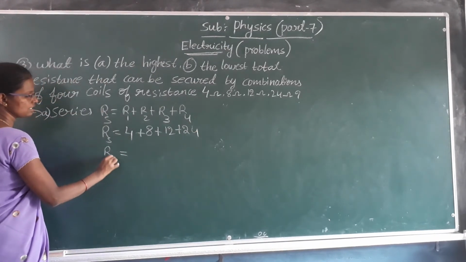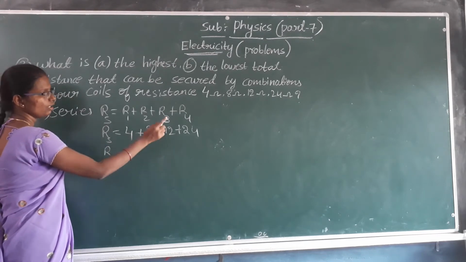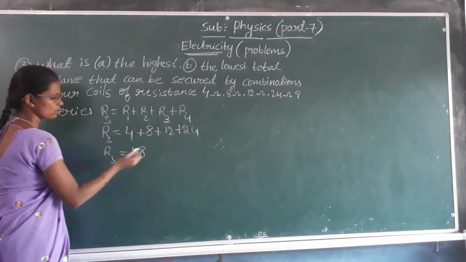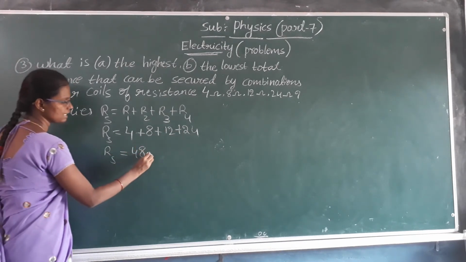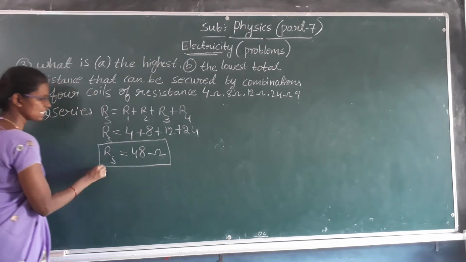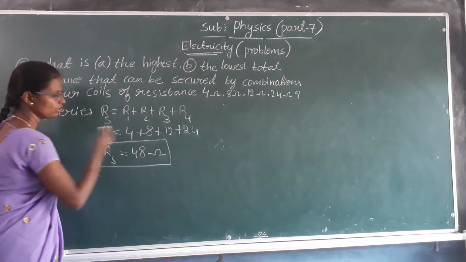Then Rs equal to 4 plus 8 is 12, 12 plus 12 is 24, 24 plus 24 is 48. What is the SI unit of resistance? That is ohm. So when the resistances are connected in series, we get the highest value, that is Rs is equal to 48 ohm.